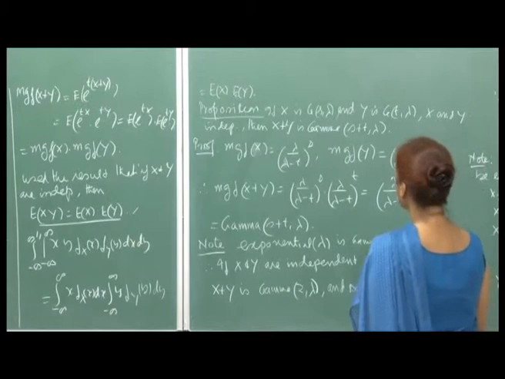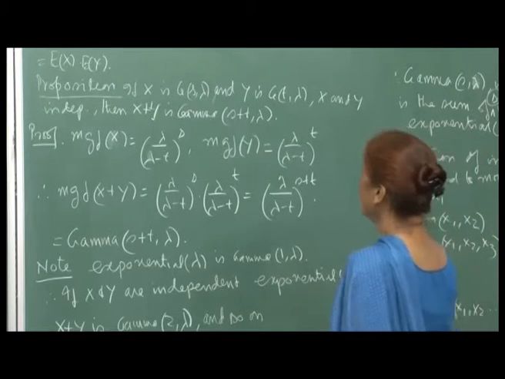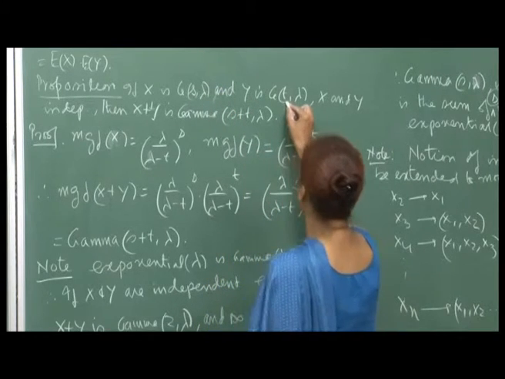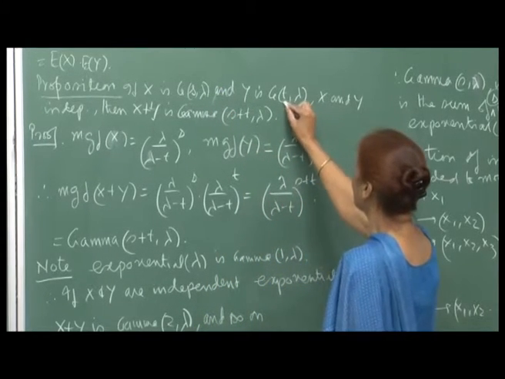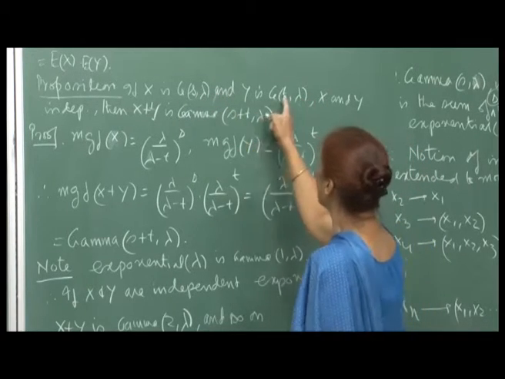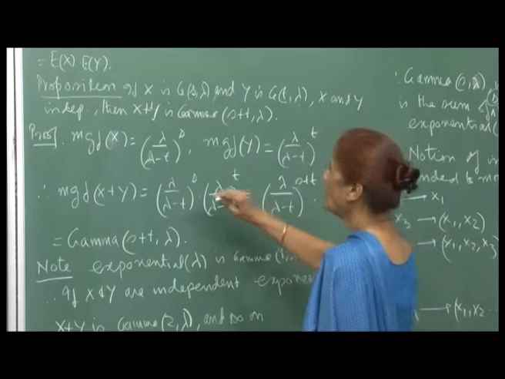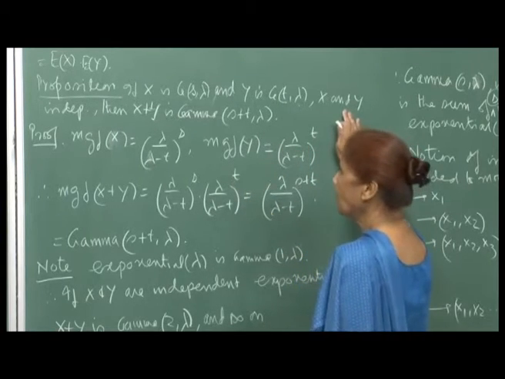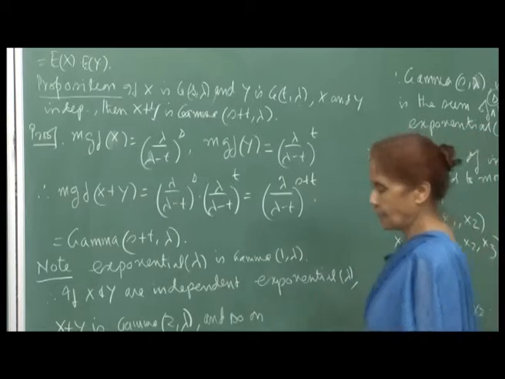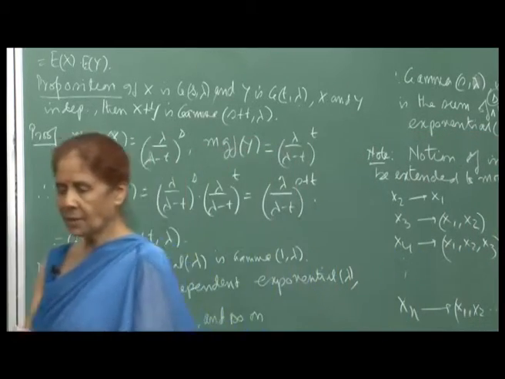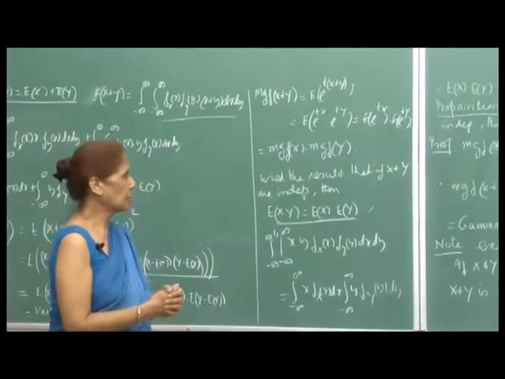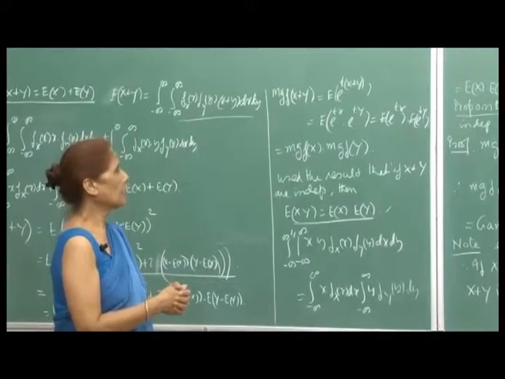Now, if x is gamma with parameters s and lambda, and y is gamma with parameters t and lambda, so lambda is the same, but these two numbers differ, and x and y are independent, then x plus y is gamma s plus t comma lambda. That means, if the second parameter is the same, then the first ones get added up when you add up the two random variables.